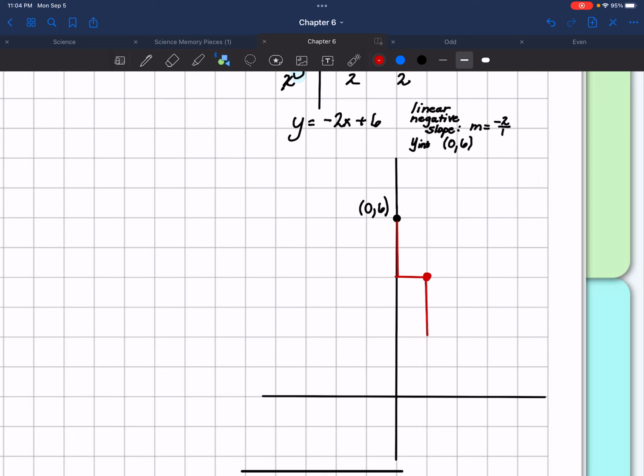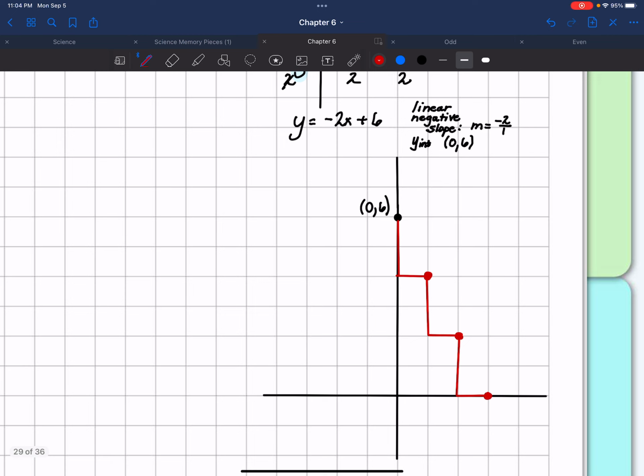Fall 2, run 1 and put a point. Fall 2, run 1, and there's the x-intercept. That's nice to know, that it intersects x at 3, 0.